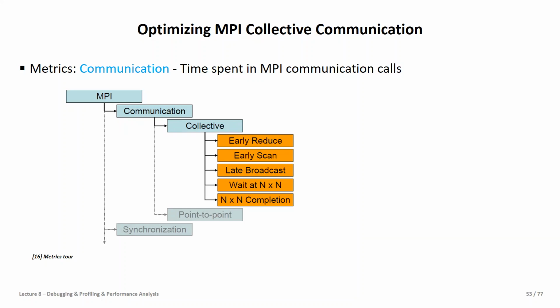One common problem is collective operations. This is an area where lots of difficulties can arise, because collective operations always affect a whole team of MPI processes. By this, there are certain waiting times, or time spent in these communication calls, where we may have to wait for others to complete their part of these operations.